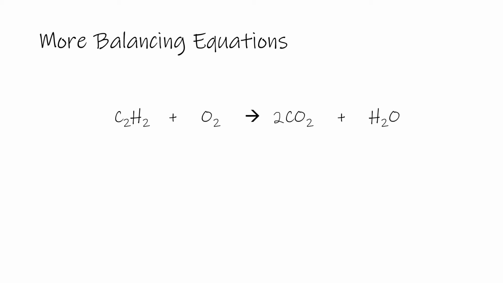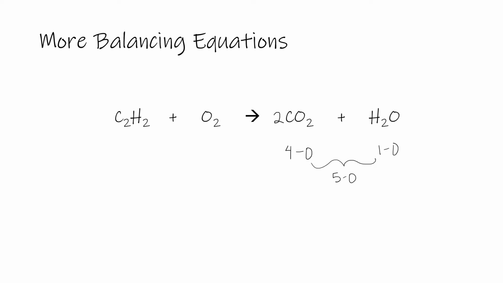In carbon dioxide, you have a subscript of 2 for the oxygen. We multiply that by our coefficient, so we have 4 oxygen. For the water molecule, we have 1 oxygen. That gives us a total right now of 5 oxygens on the product side.